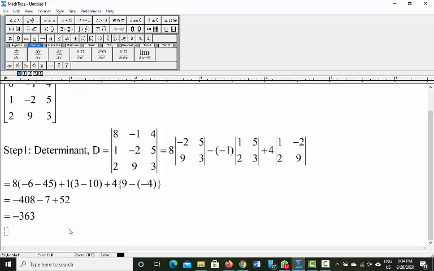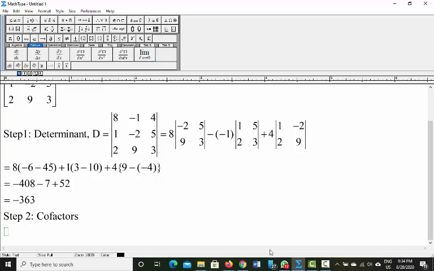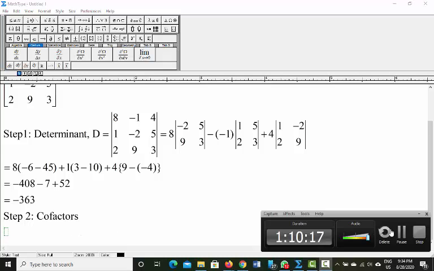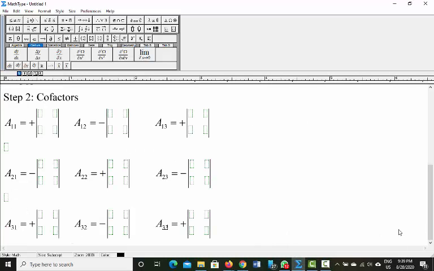Now in step 2, you need to find the cofactors of the matrix. So in the second step we will find the cofactors of the matrix.